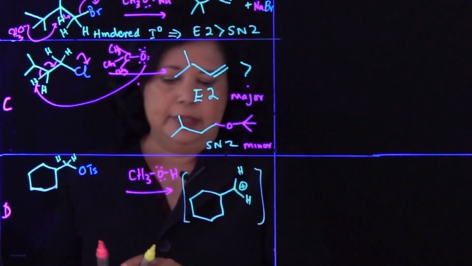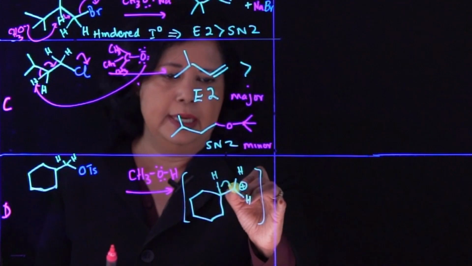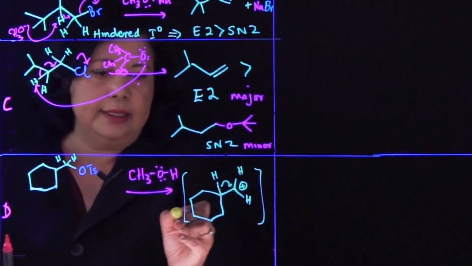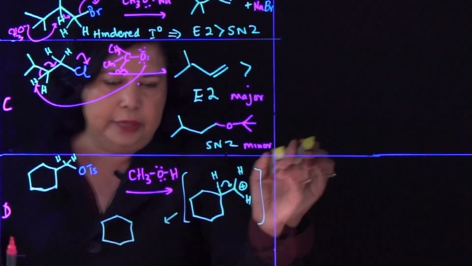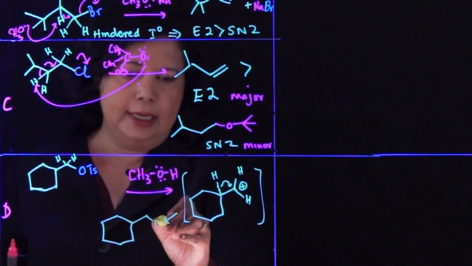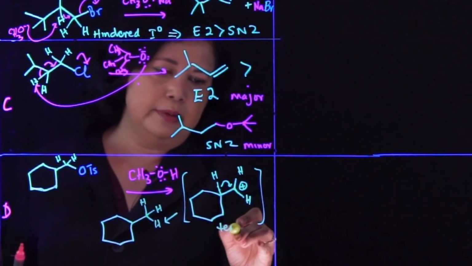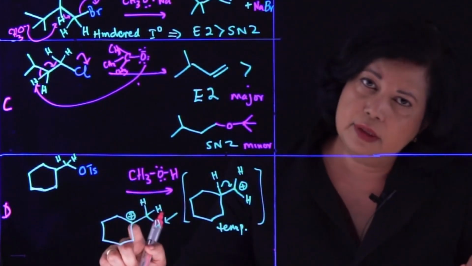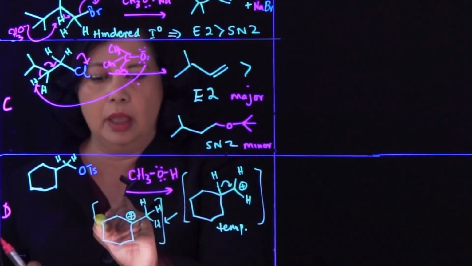Then if you have a neighboring hydrogen there that can move over and stabilize it, then it's going to do that in a heartbeat. It's going to do a rearrangement ASAP. So this is a very temporary, I will put temp, intermediate, and this is going to be the intermediate that you're going to be seeing floating around in the solution for a while.